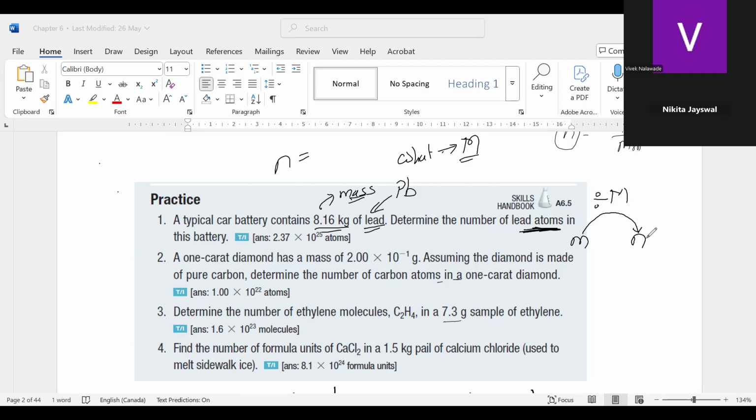And once we have the n, then we have to determine the number of entities. Here they are asking us the number, so we have to determine the N. How do we get the capital N from the small n? We have to multiply by the Avogadro's number.